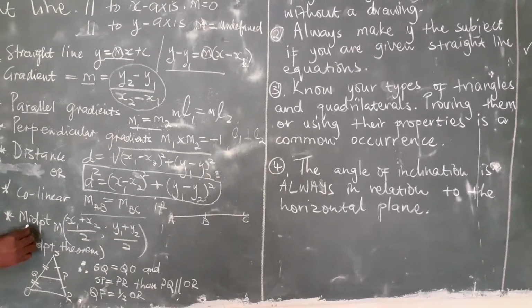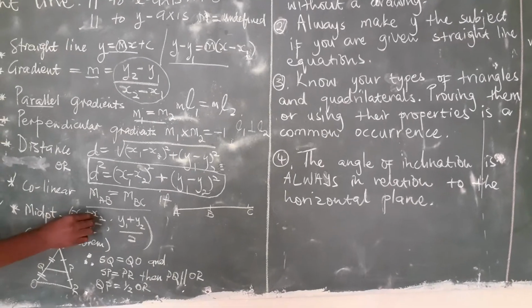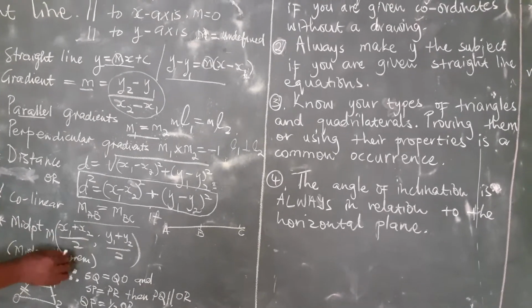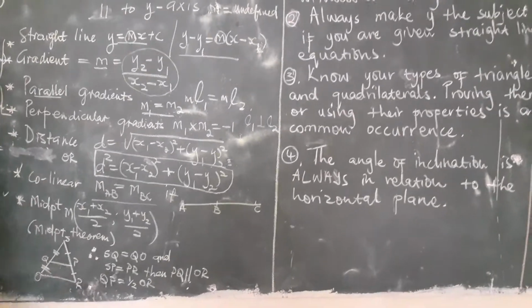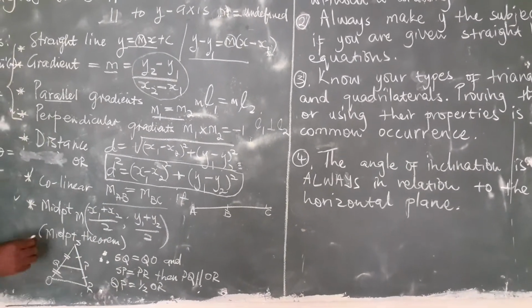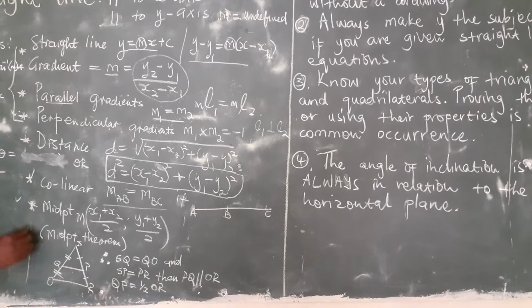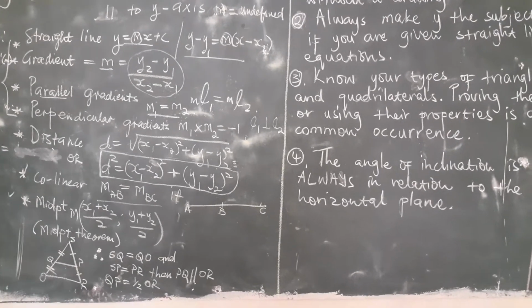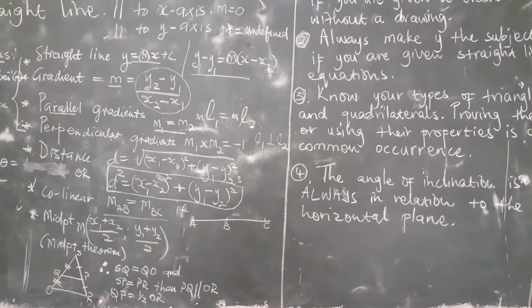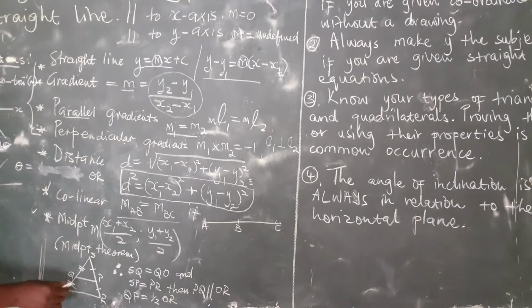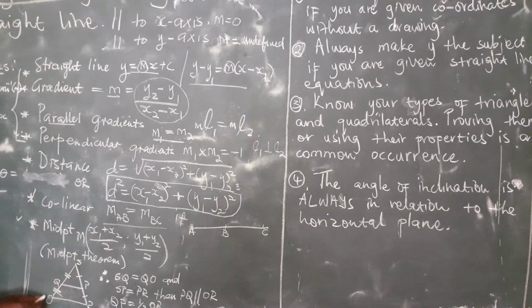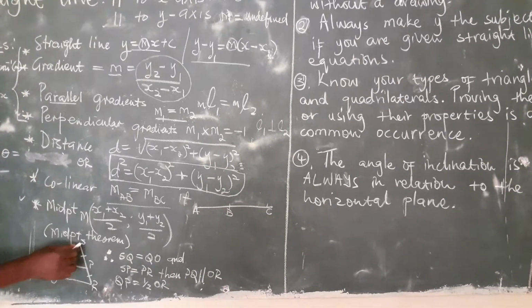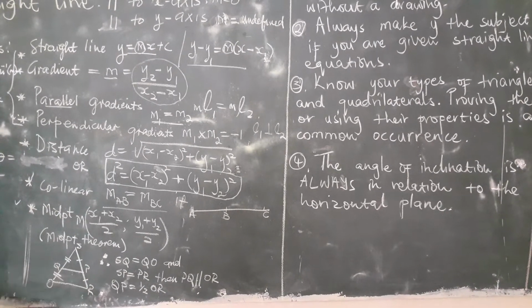If you want the midpoint, x1 plus x2 divided by 2 goes with y1 plus y2 divided by 2. And this we use in the midpoint theorem, which we use in Euclidean geometry. As you can see in the sketch here, in this triangle SQ equals QO, SP equals PR.